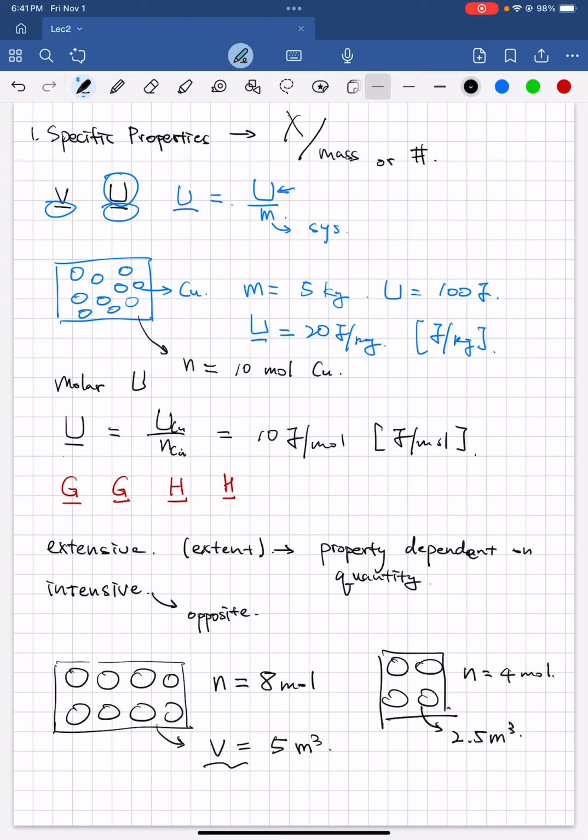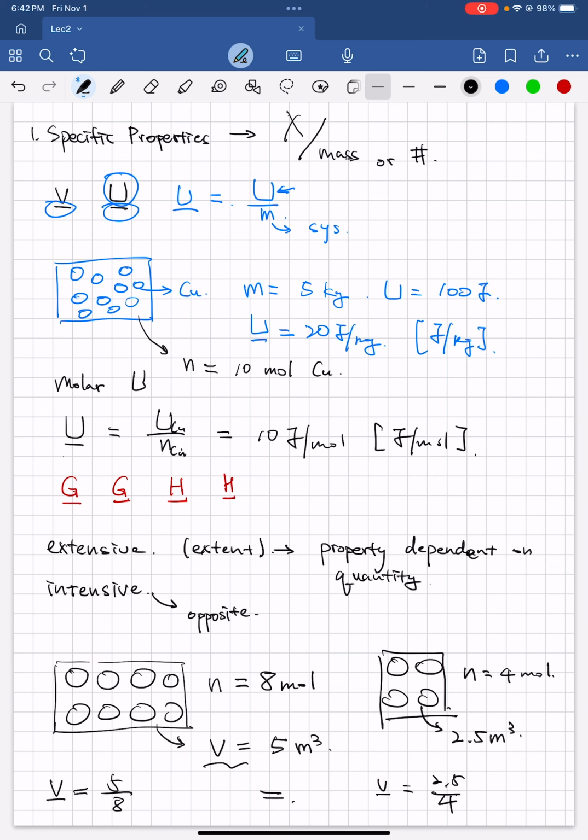Then what is the specific, let's use molar here. So what is the molar volume? Then it's 5 divided by 8. This is 2.5 divided by 4, which is going to be the same number.